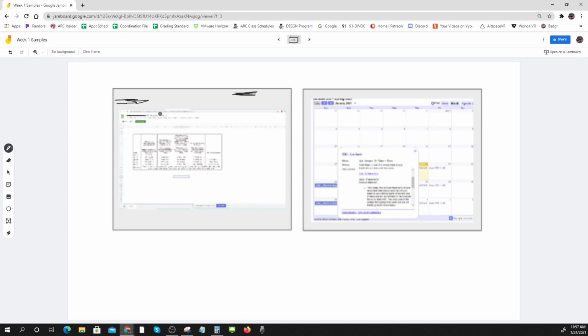You really can't see any of that anyway. So look, when you're given a frame, that's like a page. And if you have stuff laying off of the page, it just doesn't look like you took care. So you want to make sure that your work is framed on the page.